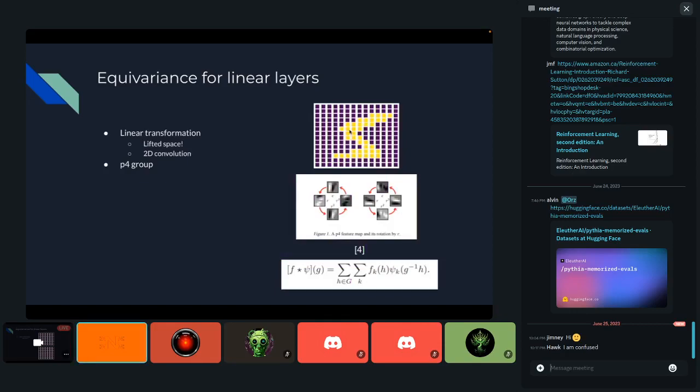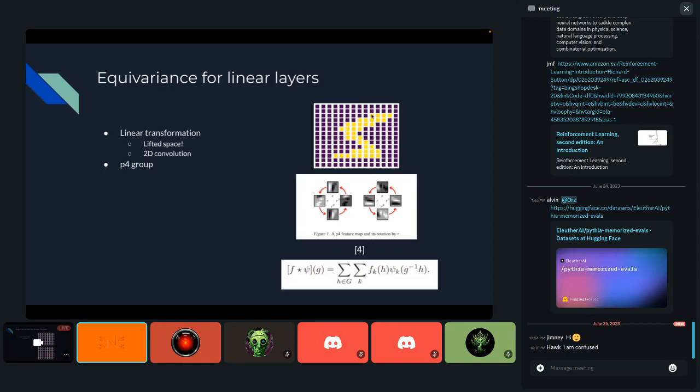So instead, imagine that we go back to our 2D translation case. Instead of convolving little images, we can convolve group elements with nearby group elements.